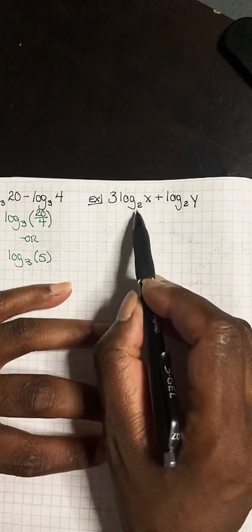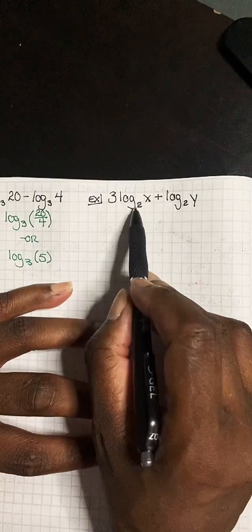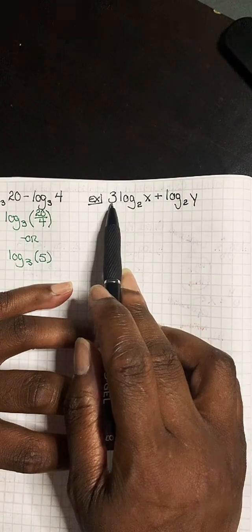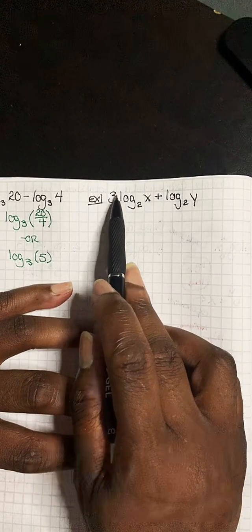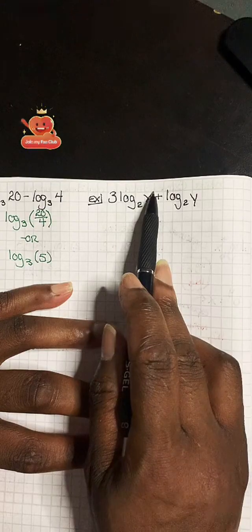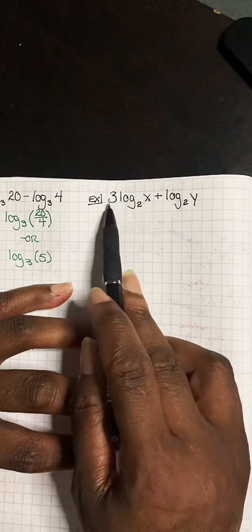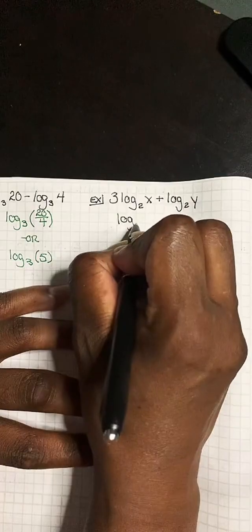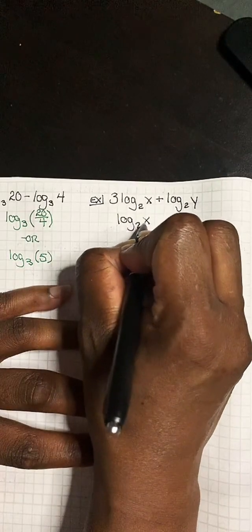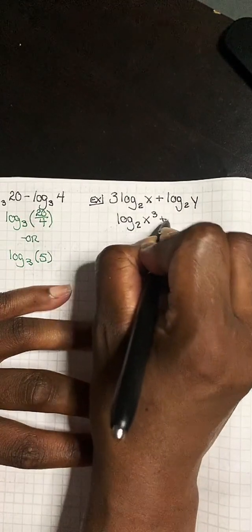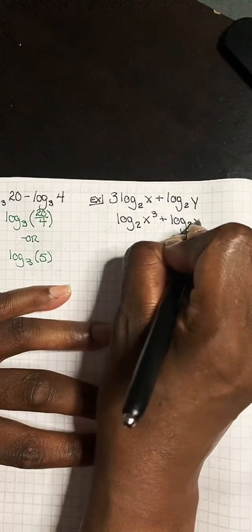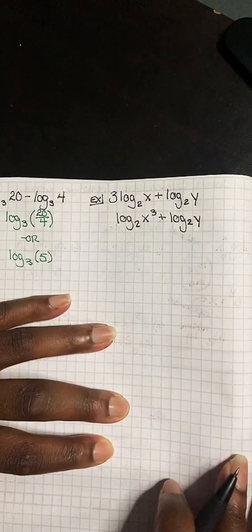All right. So, we still have that log base 2, but we notice we have a 3 that's a coefficient. So, the 3 is now going to be the exponent. Okay. So, we're going up to that exponent. So, if I may take it step by step, we got the log base 2 with x raised to the 3rd power plus log base 2 of y. Okay.